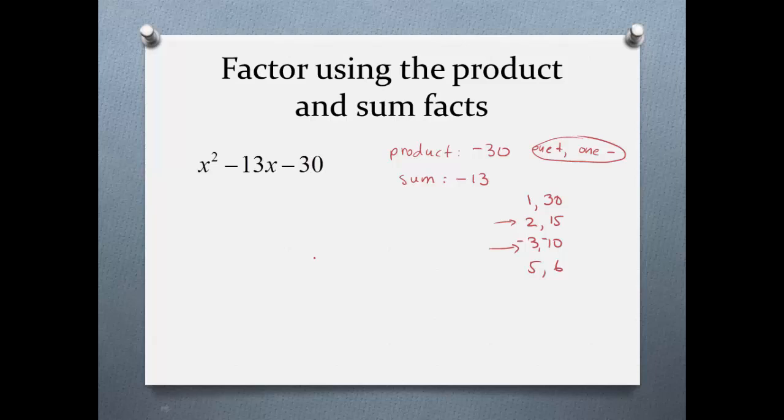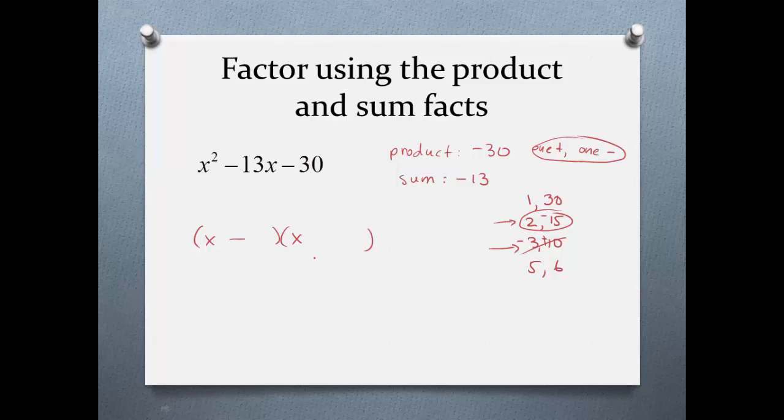If I make the 3 negative and the 10 positive, I still don't get a sum of negative 13. So it's not that one. It has to be the 2 and the 15. And to get a sum of negative 13, I'm going to have a positive 2 and a negative 15. So those are the numbers that will end up in these parentheses.